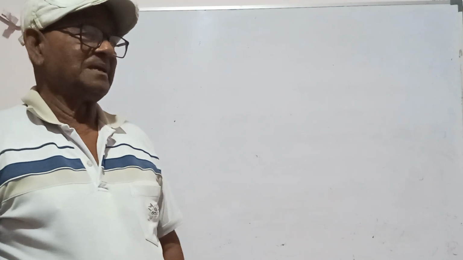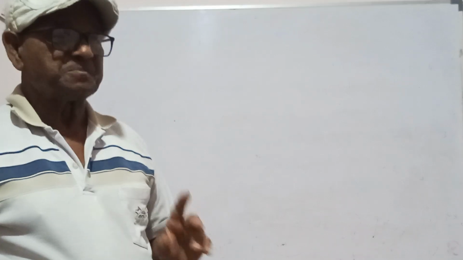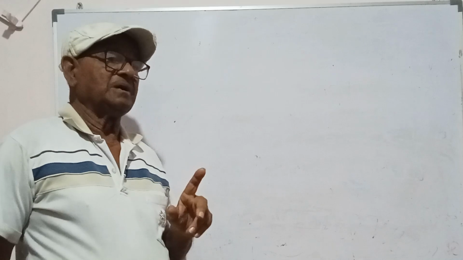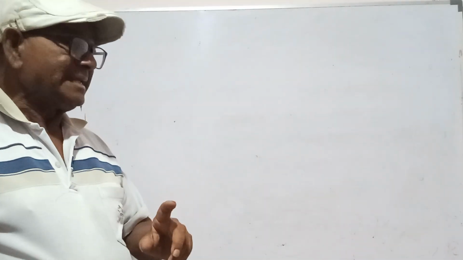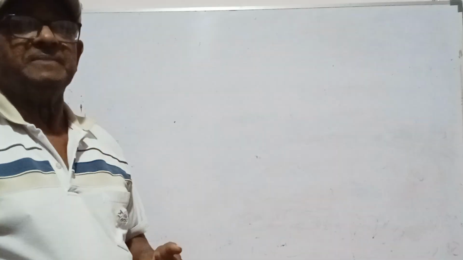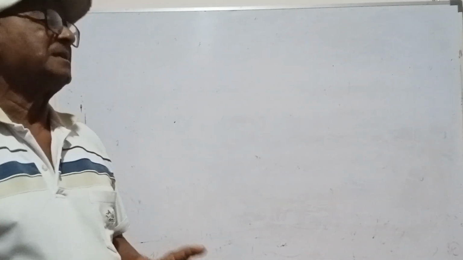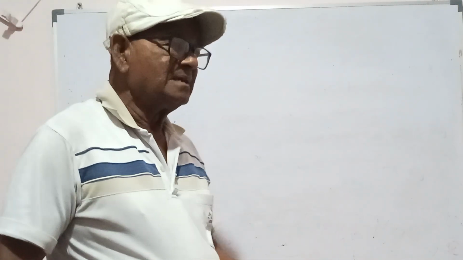Dear children, from my third video, I am going to explain to you the formation of covalent compounds and covalent bonds. It is very important. According to our A-level syllabus, you have to do organic chemistry. Organic compounds consist mainly of carbon and hydrogen, with other elements like oxygen and nitrogen.